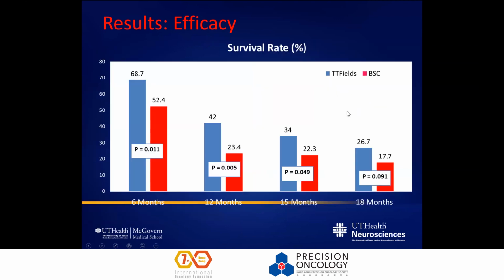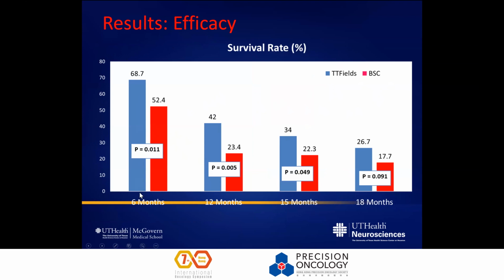In terms of the survival rate of the EF19, at 6 months, 12 months, 15 months, and 18 months, as you can see, the blue bar represents the TTF group and the red bar represents the BSC EF11 control group.